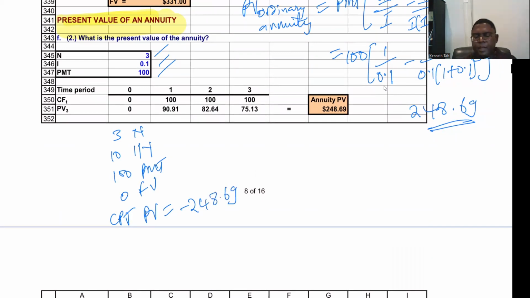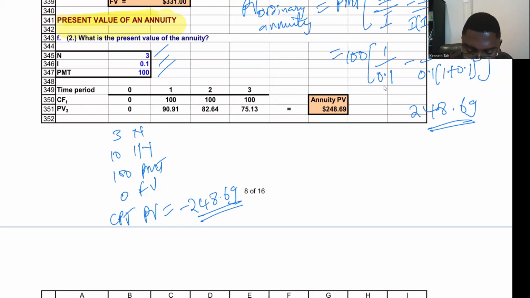That is because payment was not taken as negative. If we take negative for payment, then we have plus. If we leave payment positive, then the present value is going to be negative. So we throw away the negative sign, and the correct answer is 248.69.